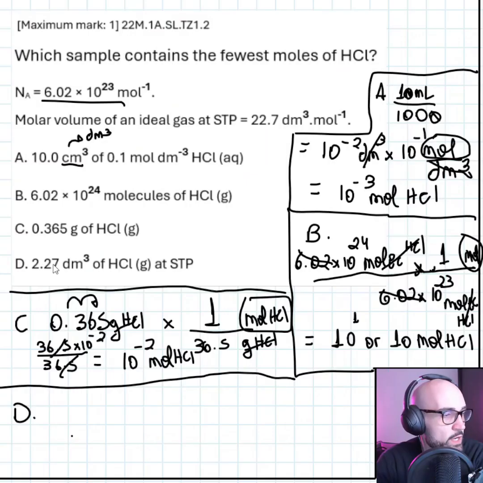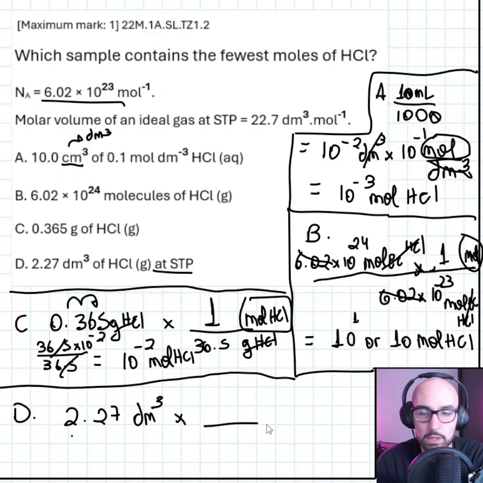D. 2.27 liters of HCl at standard temperature and pressure conditions. You got 2.27 liters. Do you want your final result to be in liters? No. Multiply it, put liters in the denominator. You want your unit to be in moles of HCl. Now for every ideal gas, 1 mole is 22.7.